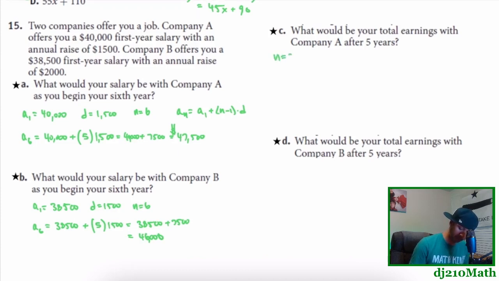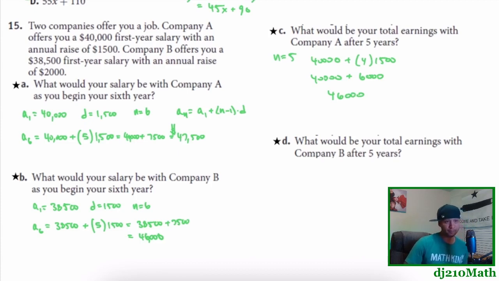That's really the only difference. So 40,000 plus 4, because 5 minus 1 times 1,500, so 2 times 1,500 would be 3, so this would be 6,000. So 46,000, that's what you would have starting the 5th year.